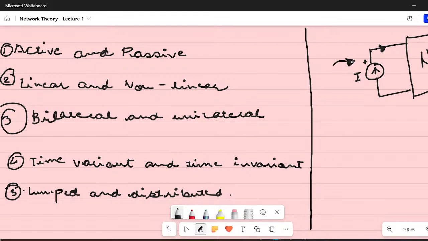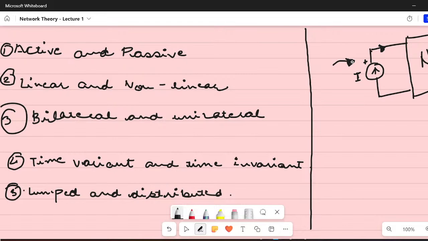Passive elements. What would be passive elements? Any element which would not deliver energy, rather which absorbs energy. So such elements which intrinsically have the capability of absorbing energy are passive elements.